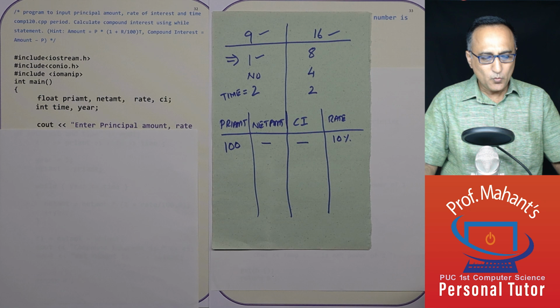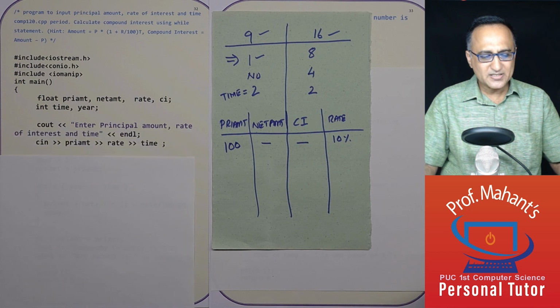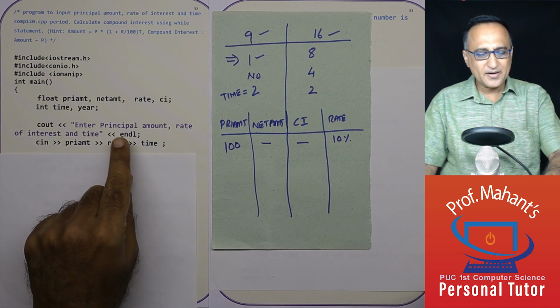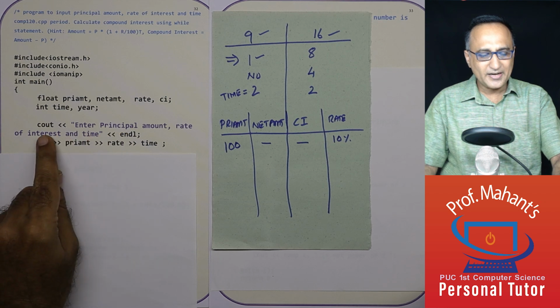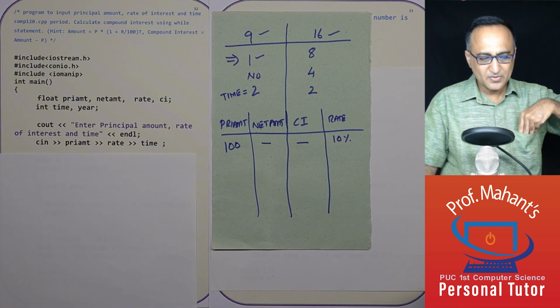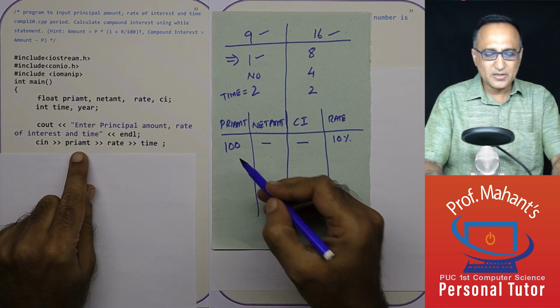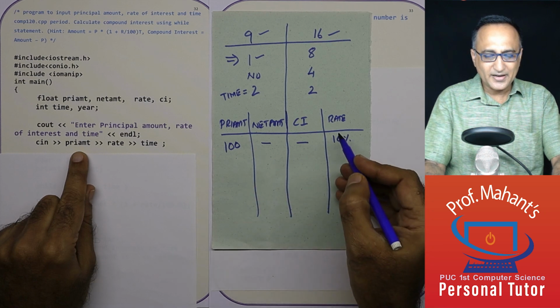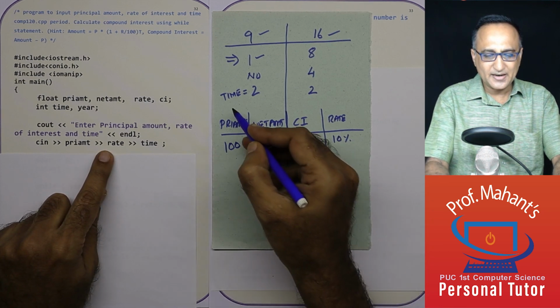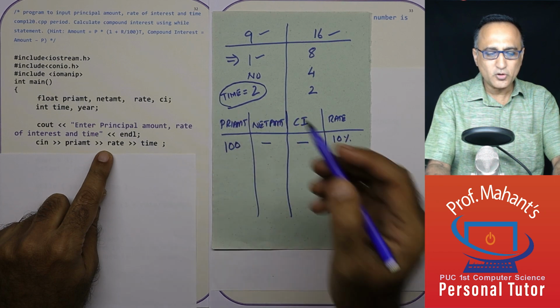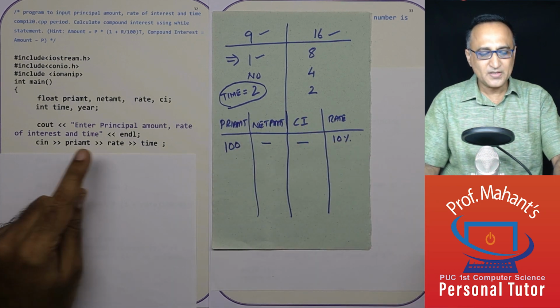First, I am going to ask the user to enter the principal amount, rate of interest, and the time. So let us say he enters the principal amount as 100, rate of interest as 10%, and he wants to keep it for 2 years.